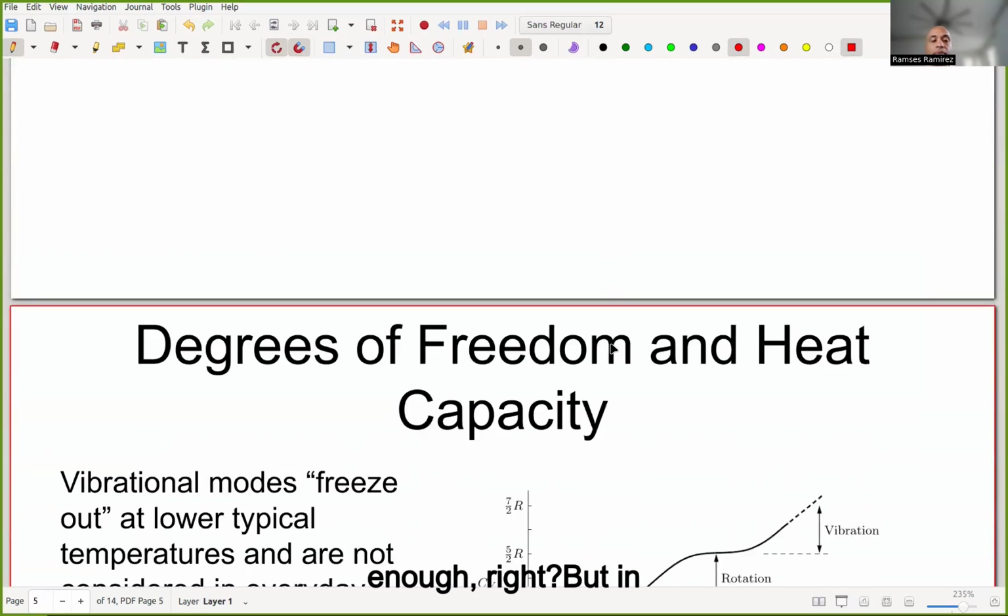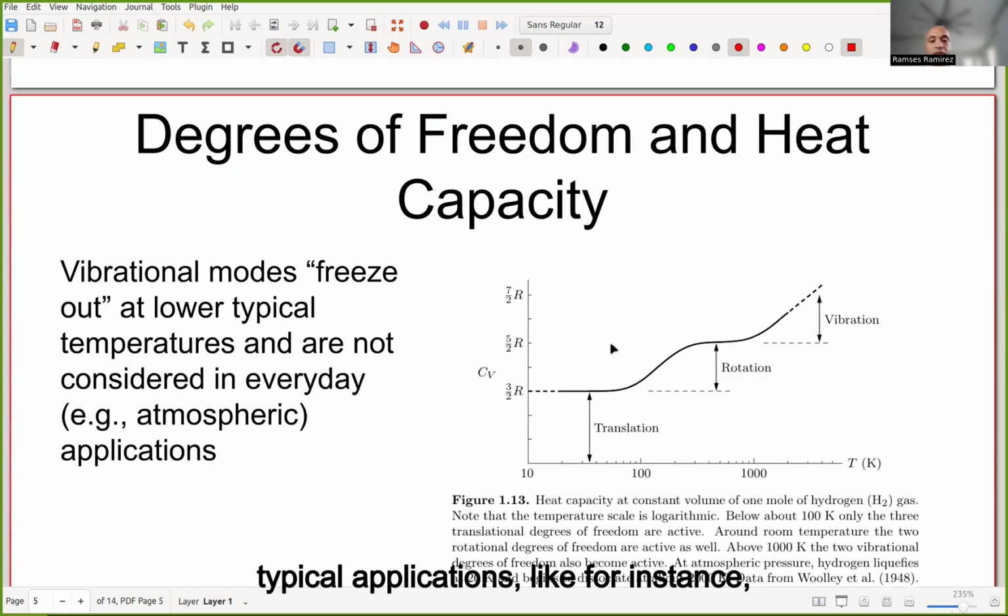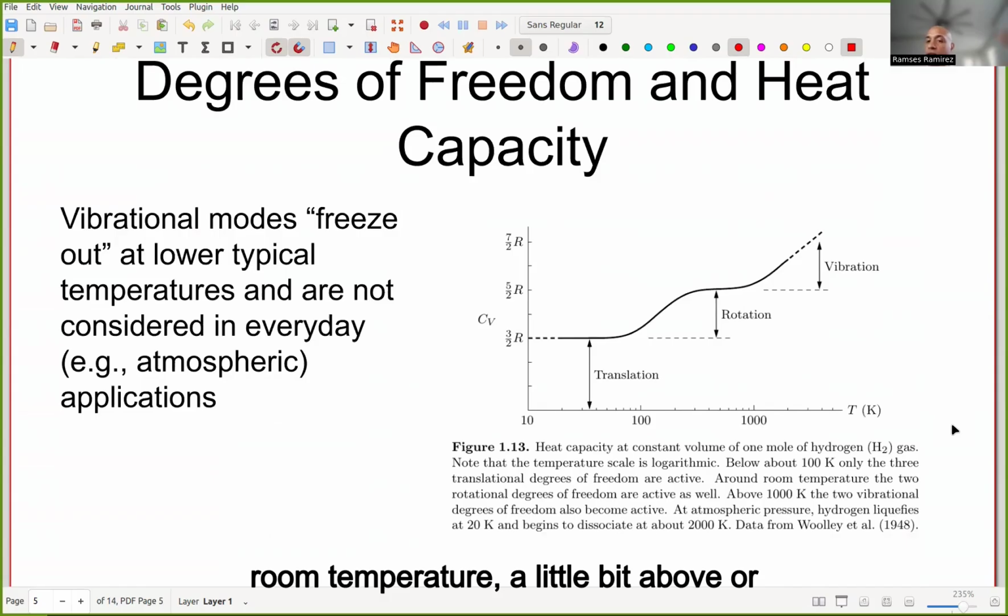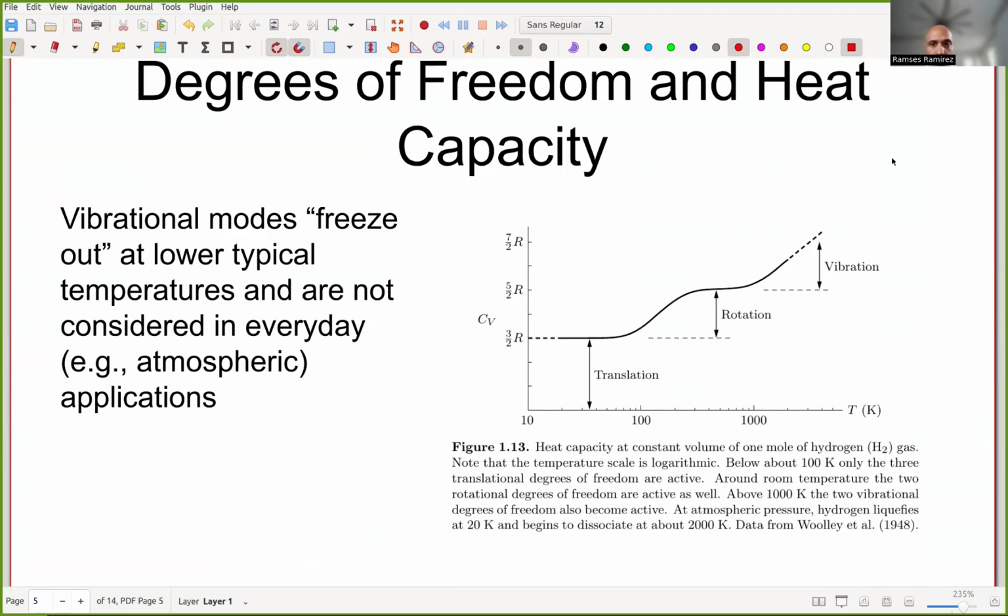But in typical applications, like for instance atmospheric, room temperature, a little bit above or below that, those vibrational modes don't contribute to heat capacity. And so we can ignore those.